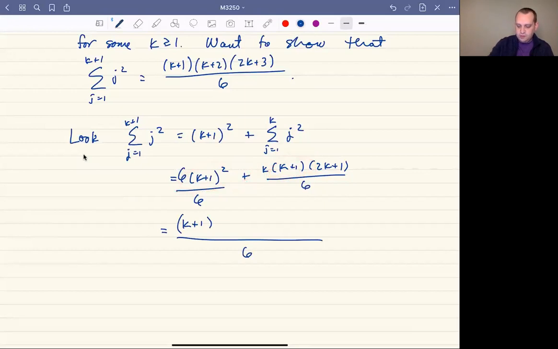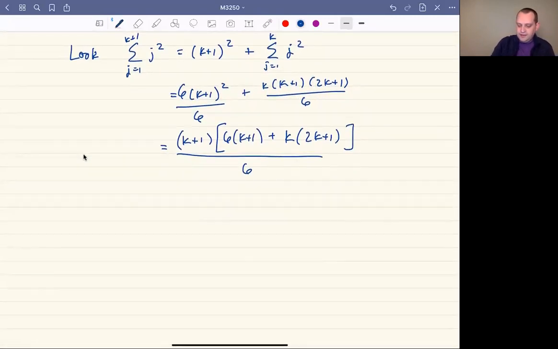And then let's see what we're going to be left with. Well, over here, if we factored out a k plus 1, we're going to be left with a 6 times a quantity k plus 1. On this right fraction, after we factor out the k plus 1, we're going to be left with k times quantity 2k plus 1.